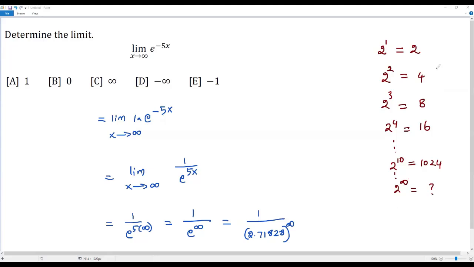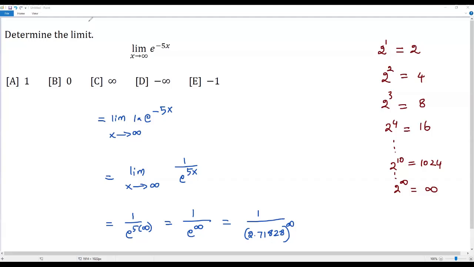We just saw that when I keep increasing the exponent for a positive value greater than 1, the value of the power increases. So when I take a very large positive value as an exponent for 2, the value on the right side will also be a very large positive value, which we can write as infinity.